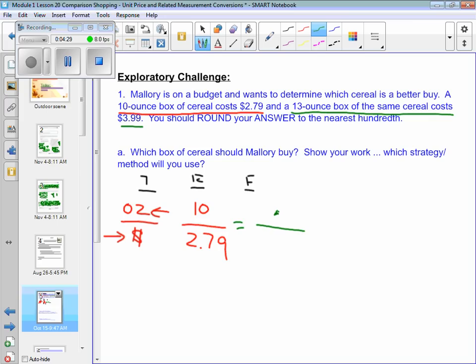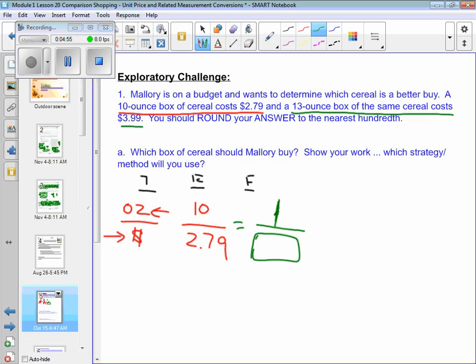What number goes here? 1. Because remember, we have to find the value or unit rate for 1 ounce. You don't see this 1 anywhere in the word problem, but whenever we find unit rate, it's assumed that the second part of our ratio, the find part of the ratio, has to be 1 over what we're trying to find.